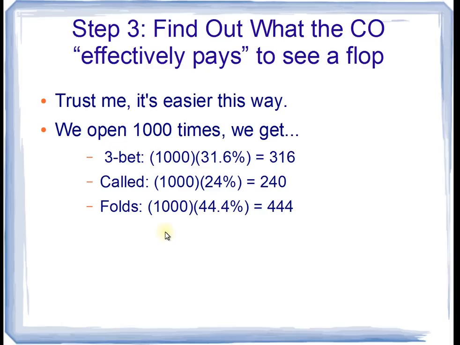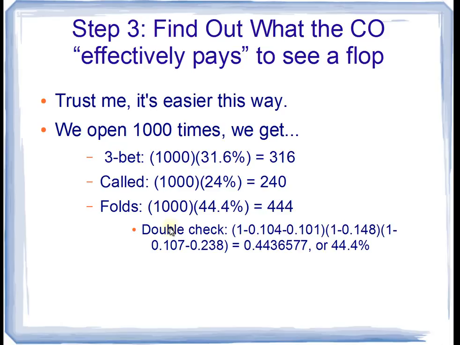But since this math is so tricky in the sense that it's pretty easy to make a mistake and double count something, I actually ended up double checking here. So I took the button fold frequency, 1 minus 0.104 minus 0.101, multiplied it by the small blind fold frequency, 1 minus 0.148, and multiplied it by the big blind fold frequency, 1 minus 0.107 minus 0.238.